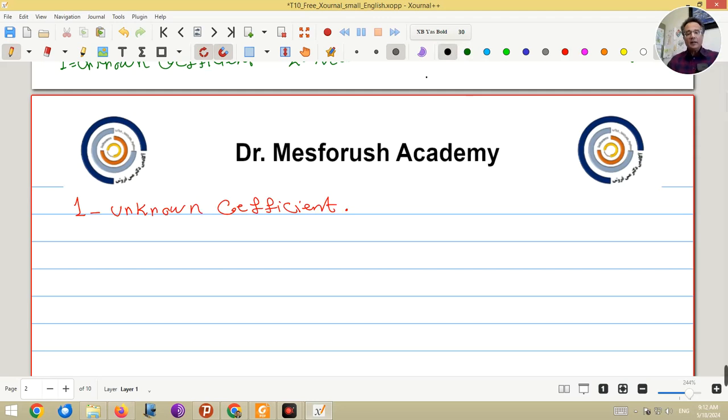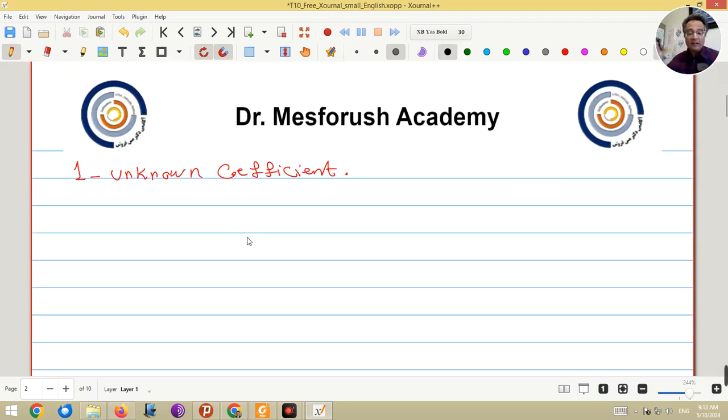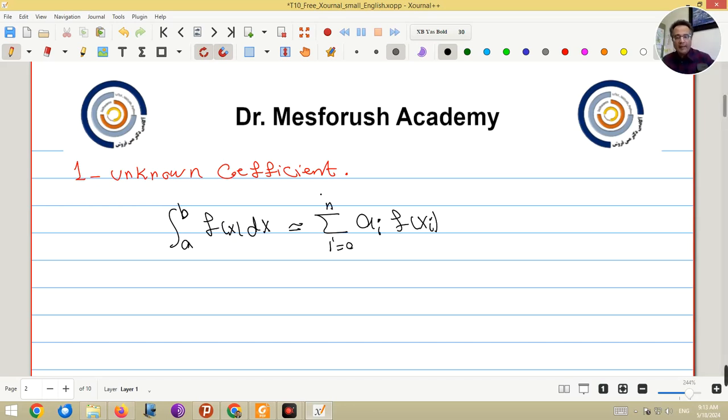The main idea of the numerical integration is that we approximate the integral, for example, integral from a to b of f of x dx, with a sigma which has some a_i and f of x_i for i equal to, for example, 0 to n.